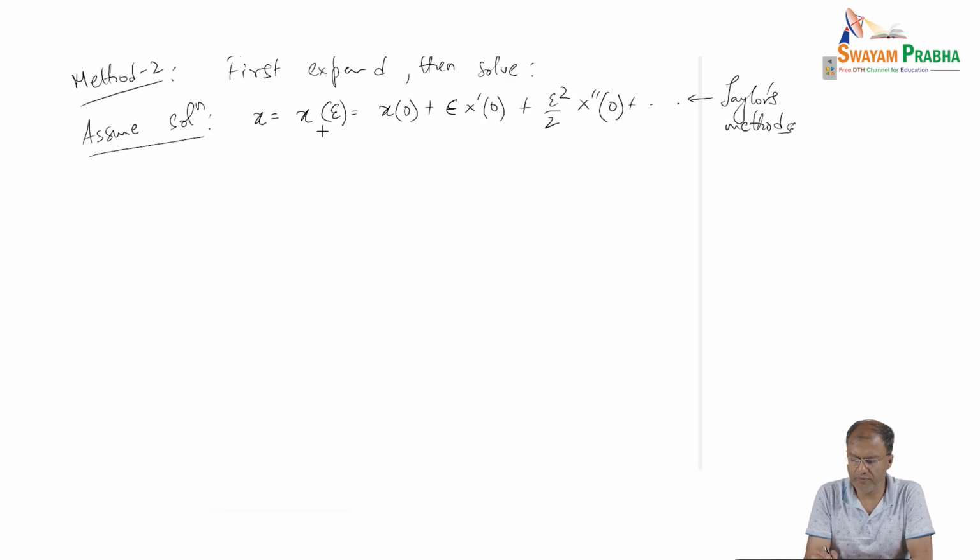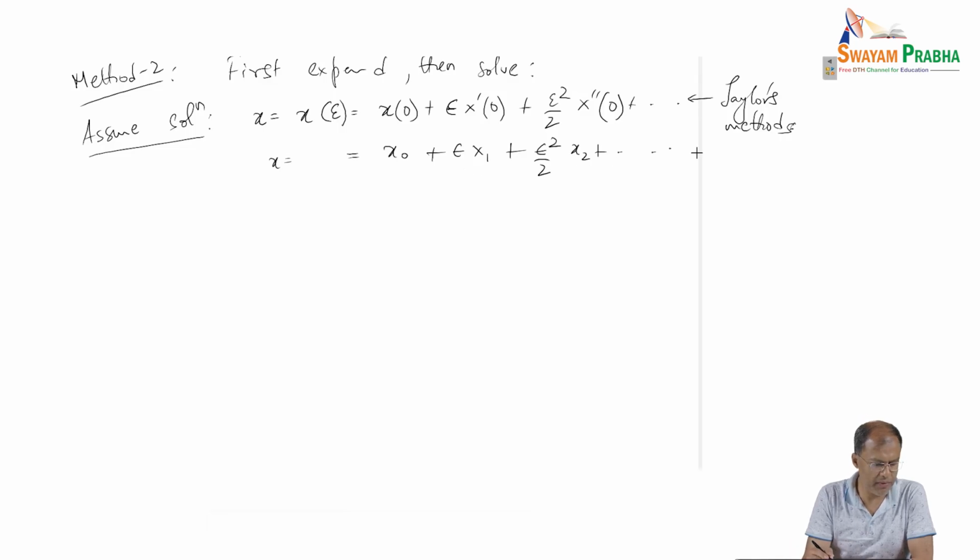So we have expanded about epsilon equal to 0. So then we could write this x as x0, where x0 is x at epsilon equal to 0, plus epsilon x1, where x1 is x prime at epsilon equal to 0, plus epsilon squared by 2 x2 and so on. So we have now renamed our unknowns as x0, x1, x2 and so on.